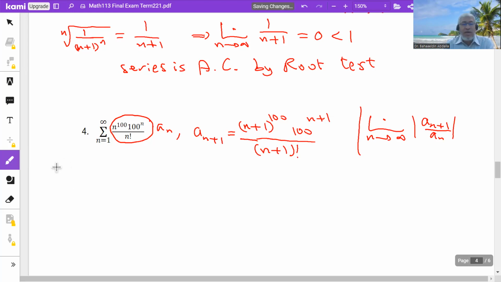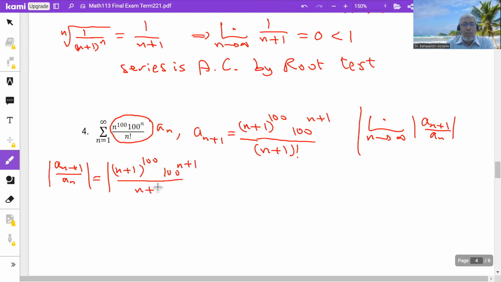And let us find now the absolute value of an plus 1 over an. Well, I should divide n plus 1 by an, or multiply by the reciprocal of an.